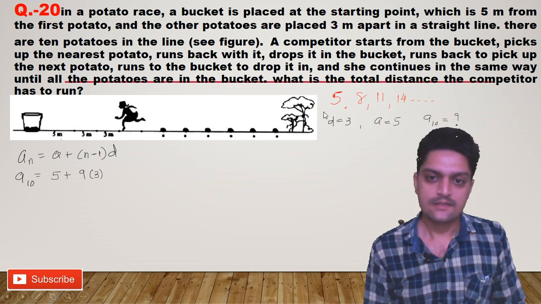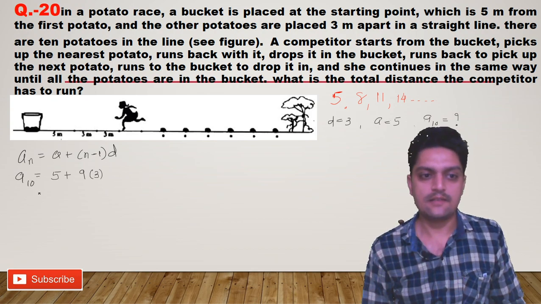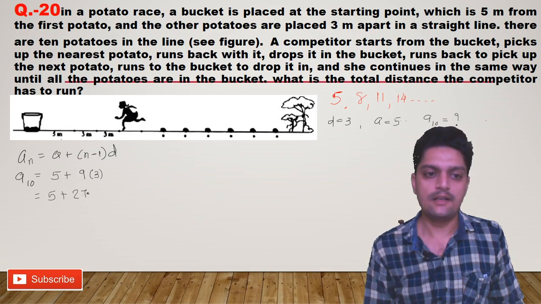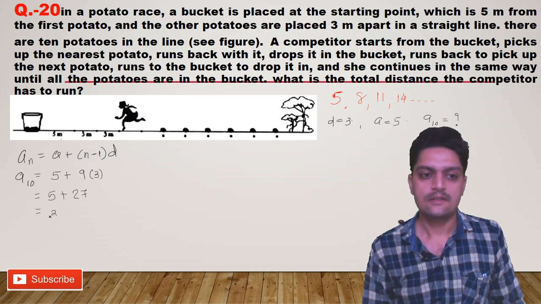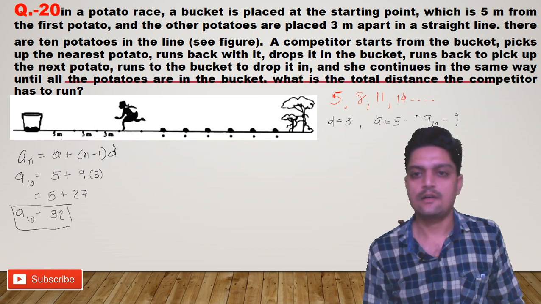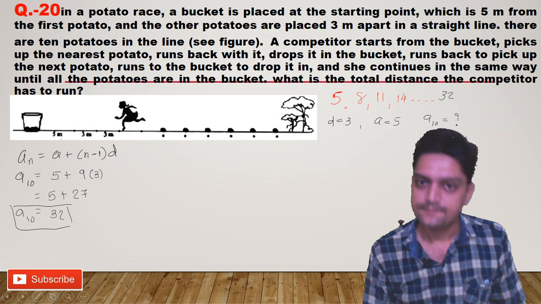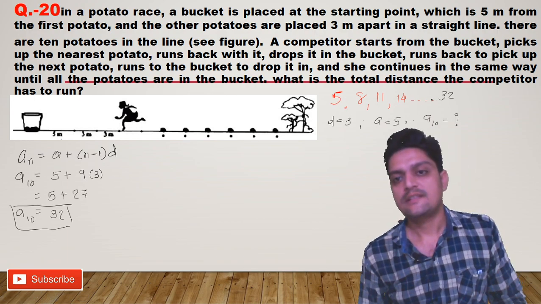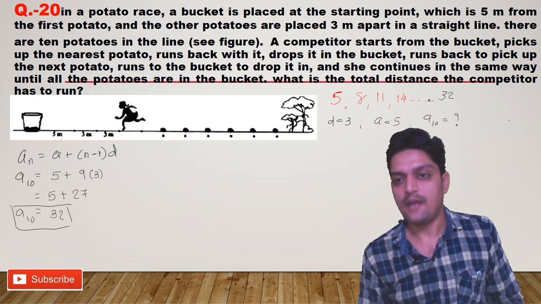So a10 is equal to 5 plus 9 threes are 27, so 32. So a10, your 10th term, will come 32.